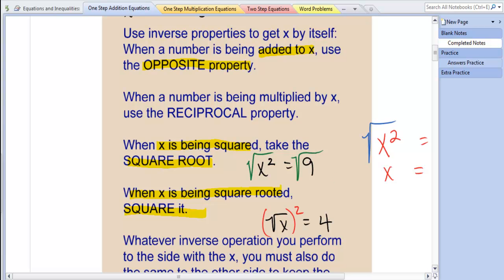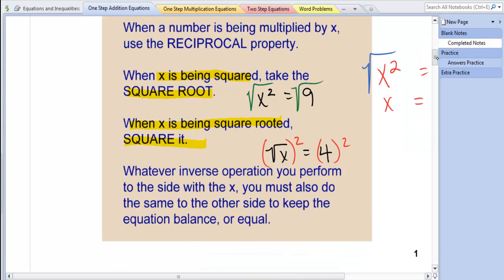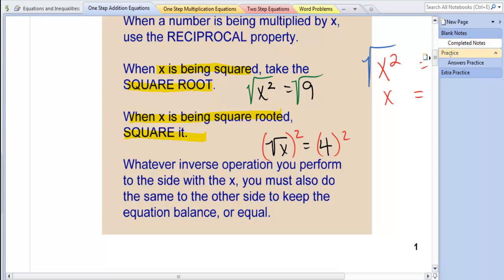That's the inverse operation of square rooting. And you square both sides to keep the equation balanced. So the whole idea is whatever inverse operation you perform to the side with x to get x by itself, you must also do the same to the other side to keep the equation balanced. It's extremely important.